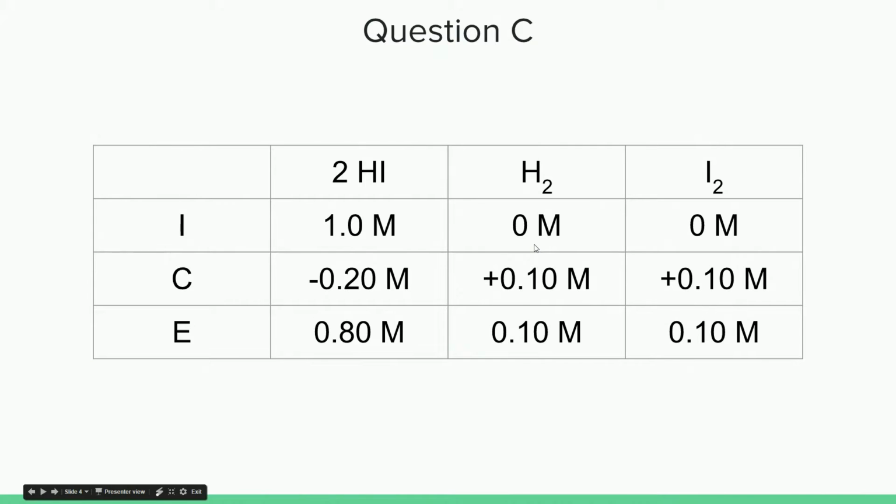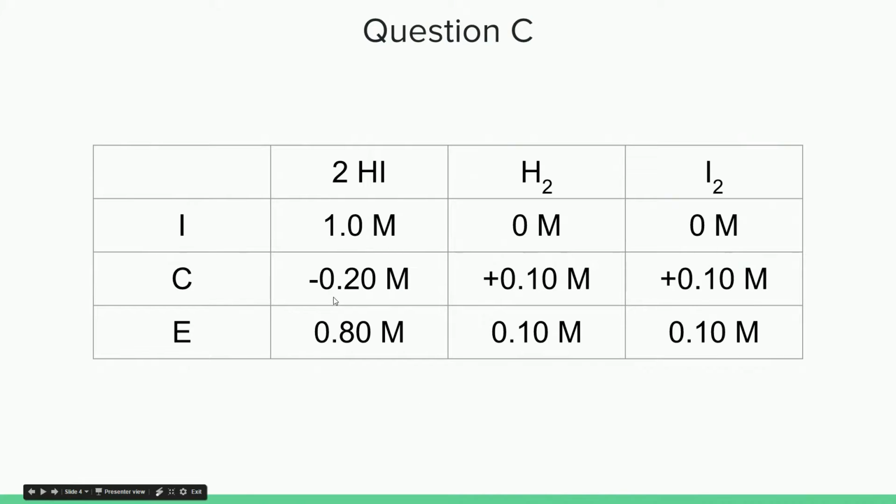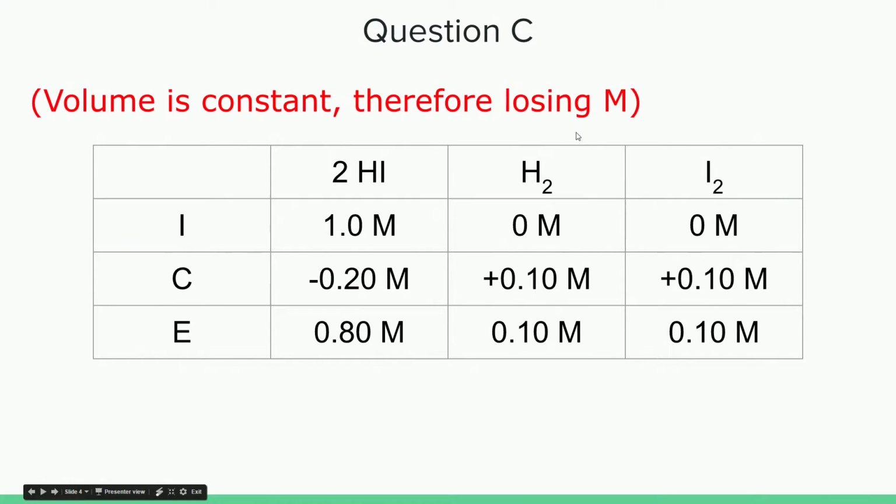And question C asks us to determine the equilibrium concentrations of H2 and I2. As we saw in the previous question, the molarity of HI at equilibrium was 0.8. So that means during the reaction, HI lost 0.20 molarity. The reactants always lose moles and the products always gain moles, so the reactants lose molarity and the products gain molarity.